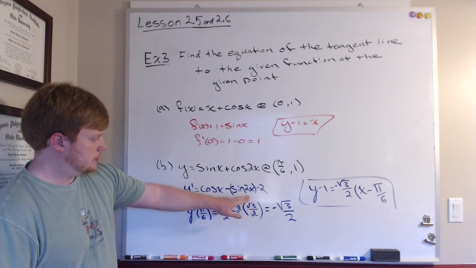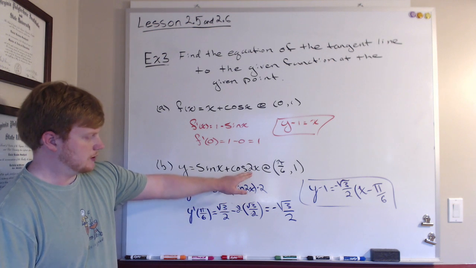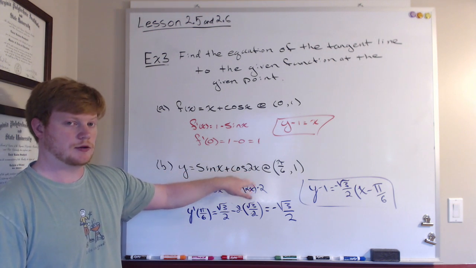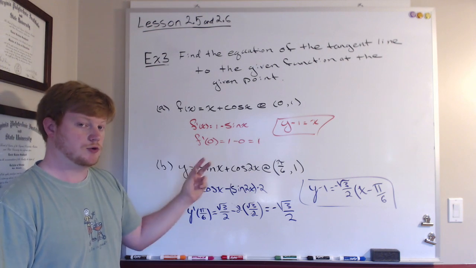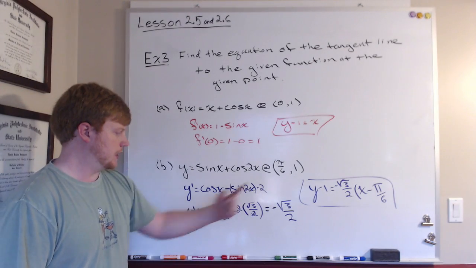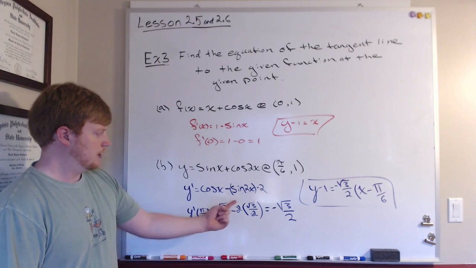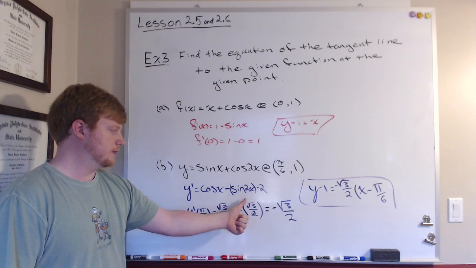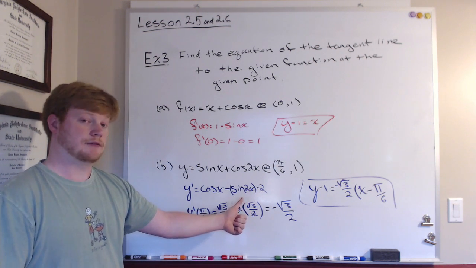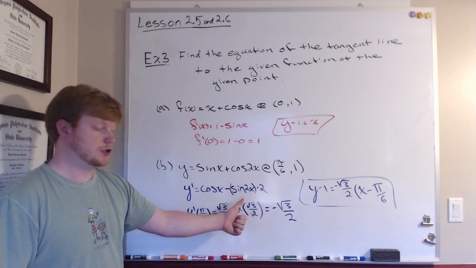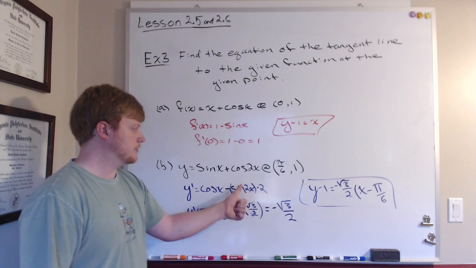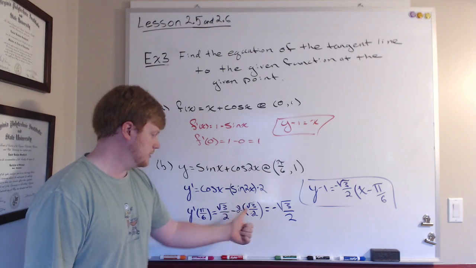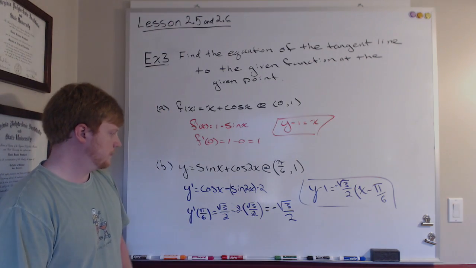So, just to reiterate, there was a chain rule here because what was inside the function cosine was more than just x. It was 2x. That's where the extra 2 came from. And when I plugged in pi over 6 into sine, instead of getting a sine of 30 degrees, which is 1/2, it's actually sine of 2x. So it ended up being the sine of 60 degrees, which is rad 3 over 2.